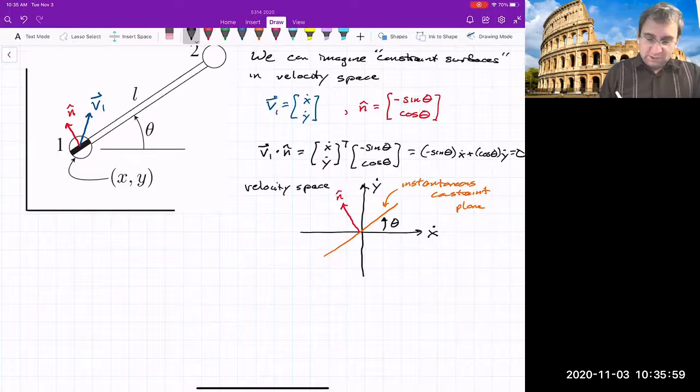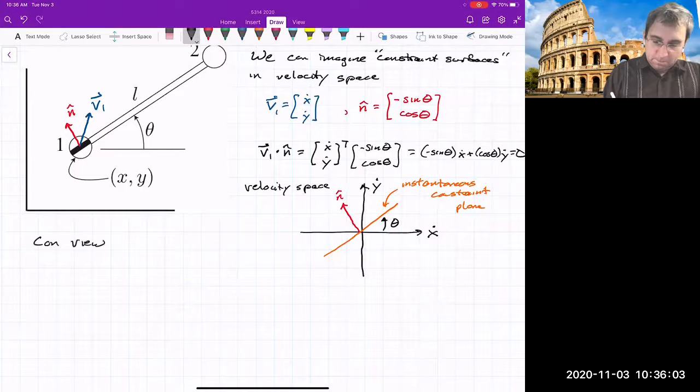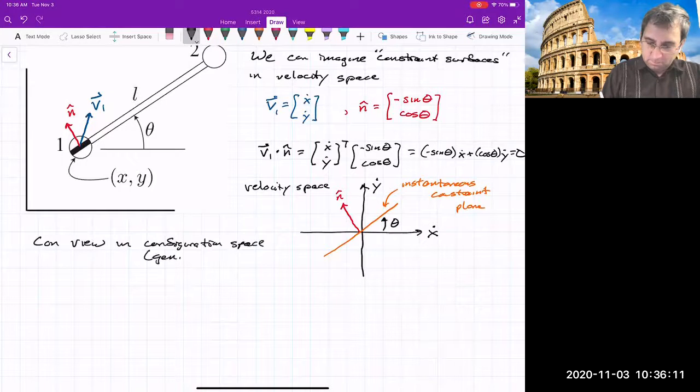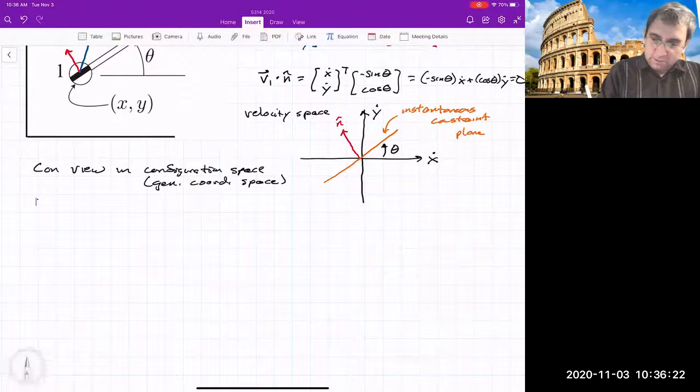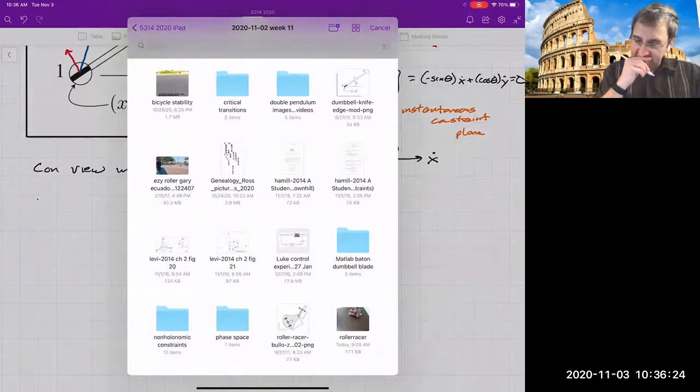So we could also view this in configuration space. That means the generalized coordinate space, the space of the q's. So let me get some figures. Unfortunately, this isn't in the book.